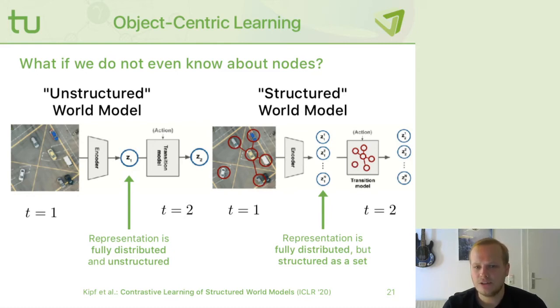So here we have, for example, n elements, and then each element can represent a single object of the input. And to derive the next time step, we again pass the latent representation through a transition model. But this transition model is different too, since it now takes as input a set of latent variables, and can model their interactions to make the predictions for the objects.